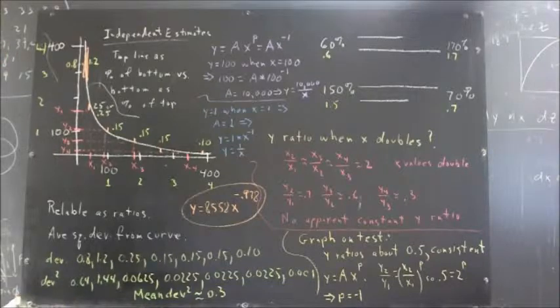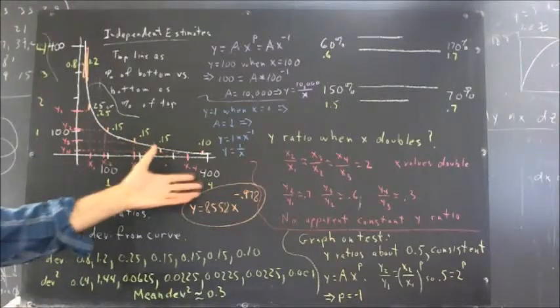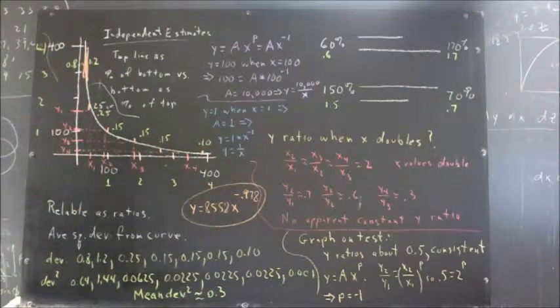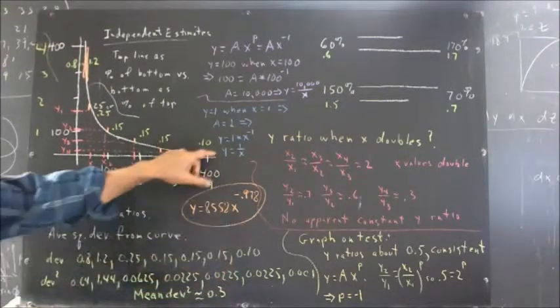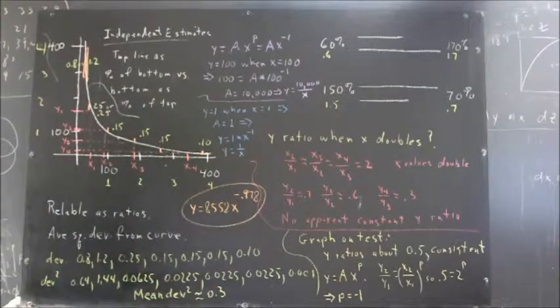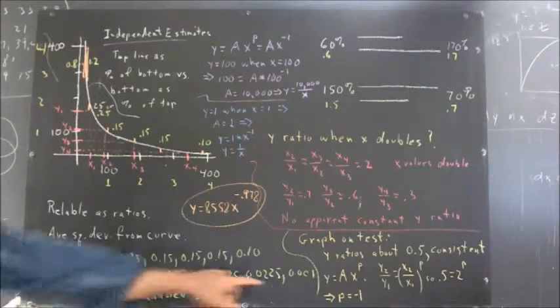And what you're asked to do then is find the average squared deviation from the curve for the given points. The deviations are these. I've just written down the numbers that I indicated on the graph. The squared deviations are going to be these.